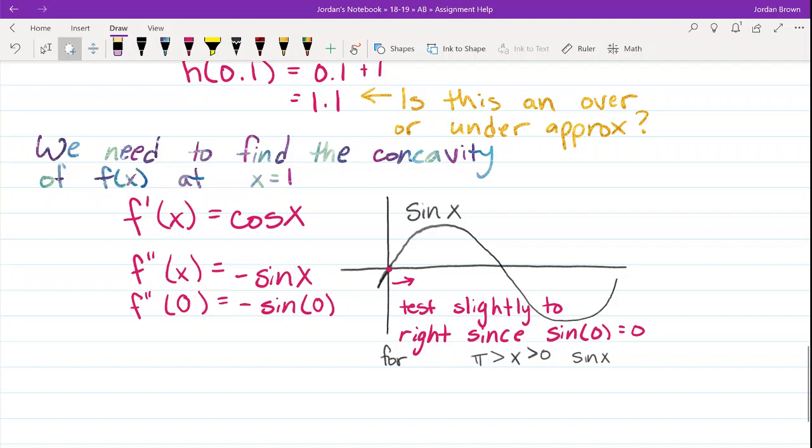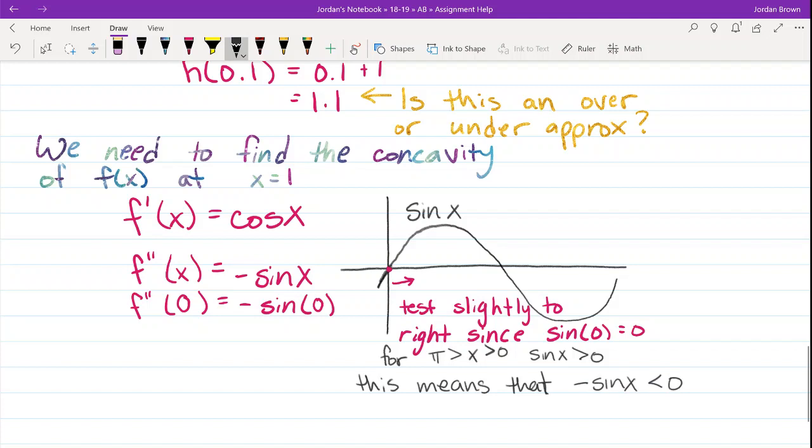Yeah, that's right. So sine of x is greater than 0. And then since sine of x is greater than 0, this means that negative sine of x would be less than 0, because when you multiply by a negative, you have to flip the direction of the inequality sign.